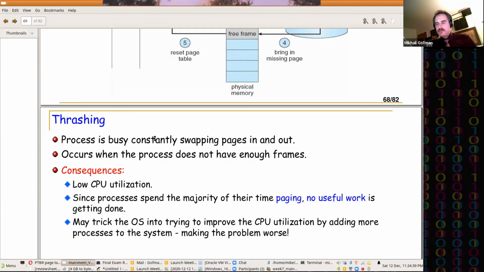Yep. And the reason why it's called thrashing is because the way in which it manifests is when you look at your disk, you'll see the disk is constantly grinding, but the process seems to be stuck, okay? Because it's constantly paging in and paging out.